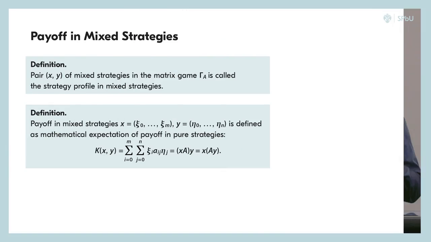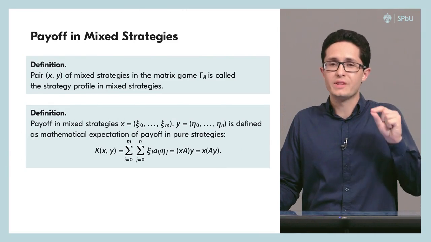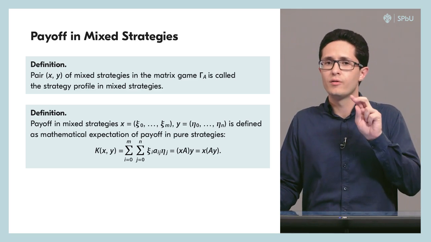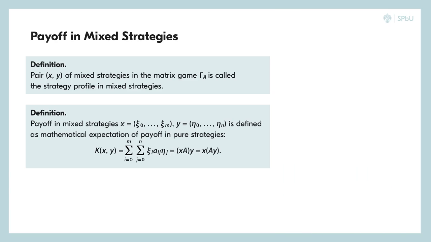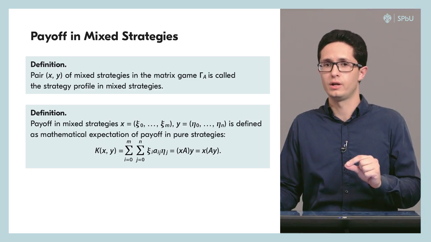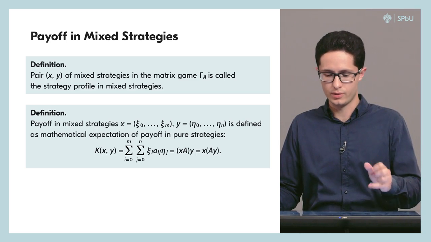The payoff function in mixed strategies is the mathematical expectation of a payoff given that players 1 and 2 use mixed strategies. So for each pure strategy, we define the probability that the strategy will be realized, and it can be calculated in the way it is presented on the slide.